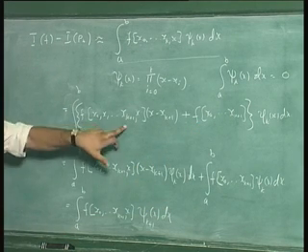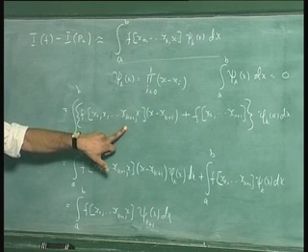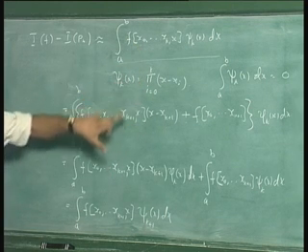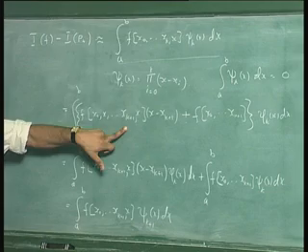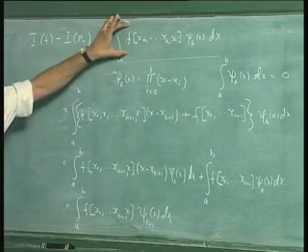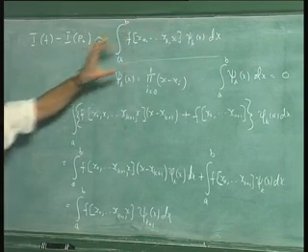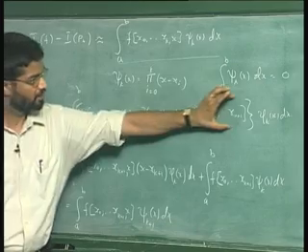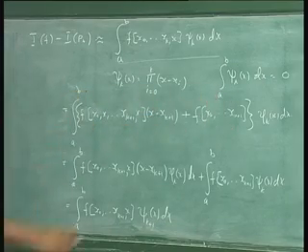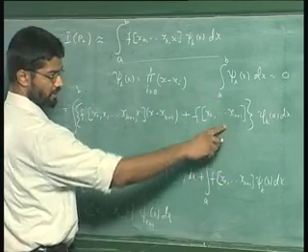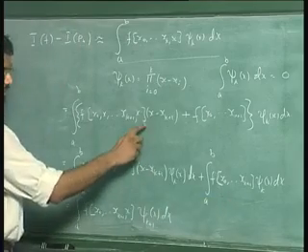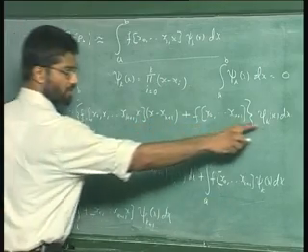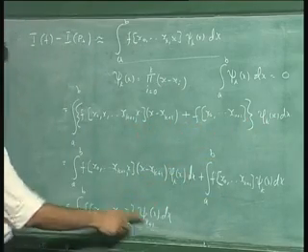And since integral psi k of x dx is 0, this term goes to 0, and then (x - xk+1) into psi k of x becomes psi k+1 of x.